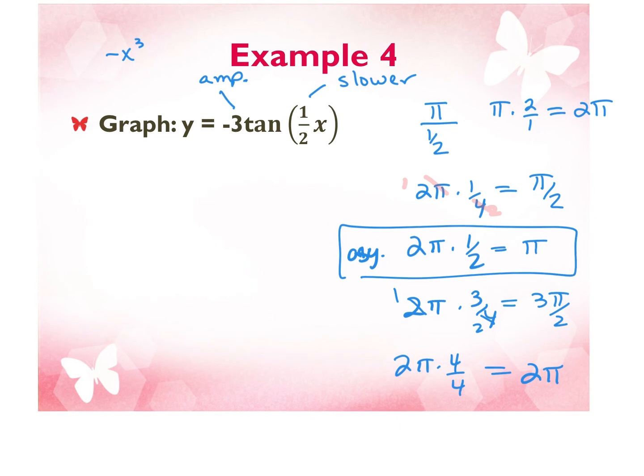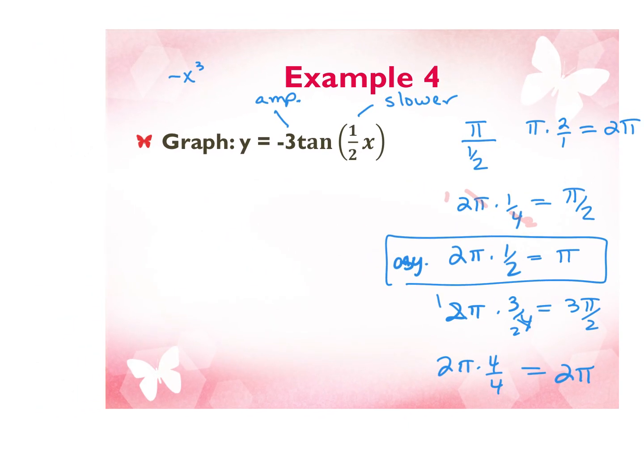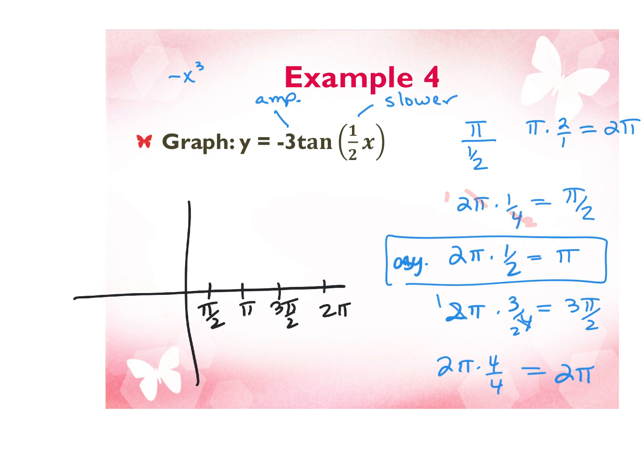So again, let's make our coordinate plane here. Box it in. Pi over 2, pi, 3 pi over 2, 2 pi. Do the same thing on the other side.